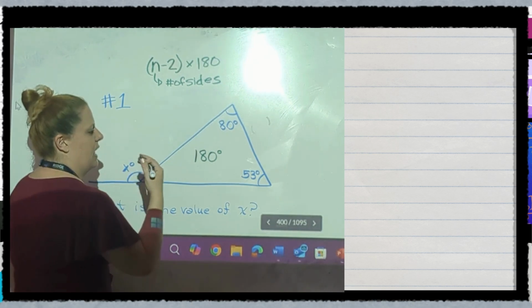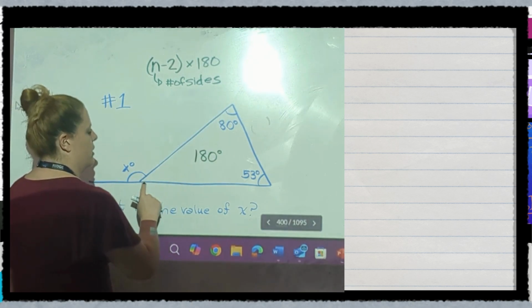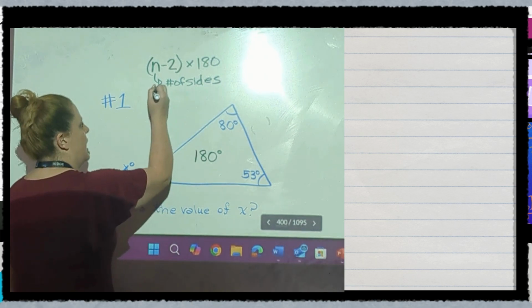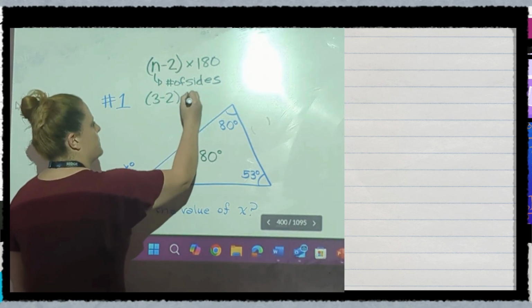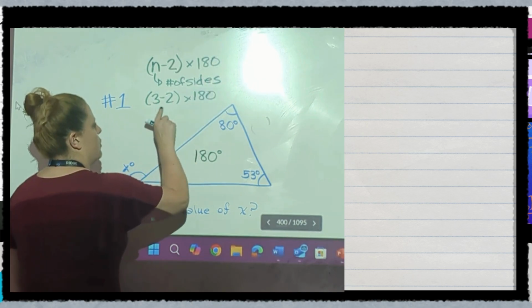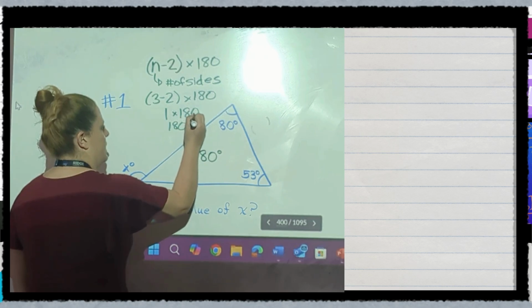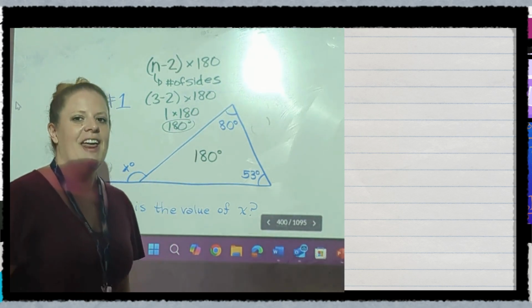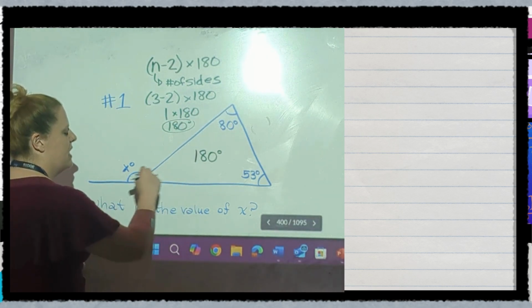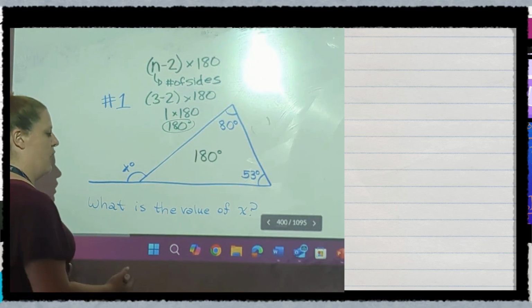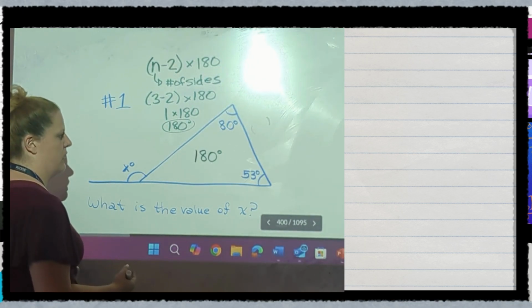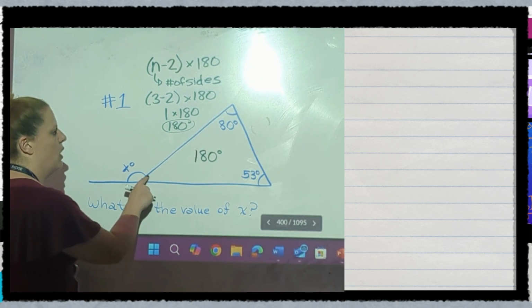A side note here for you. A triangle has 1, 2, 3 sides. 3 minus 2 is 1. So 180, which we already knew, right? 180 degrees. Now, do we have all of the different angles in our triangle to make it equal 180? Well, we don't exactly.